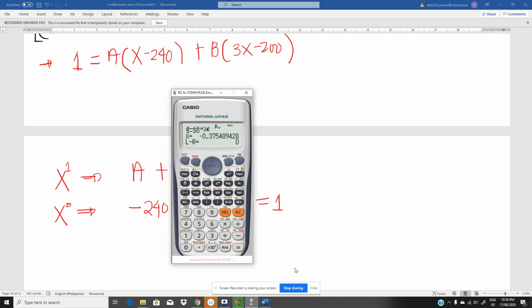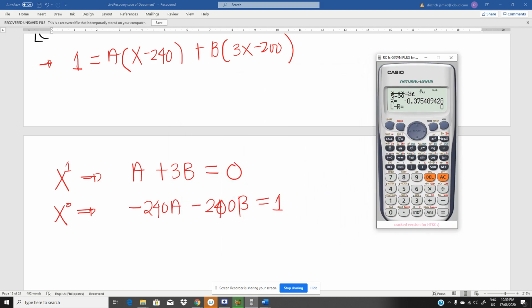Using our calculator, solving simultaneously, we press mode and then equation, and because we only have two equations, we will use number 1. So we plug in 1, 3, then 0, and on our second equation, negative 240, negative 200, equal to 1.